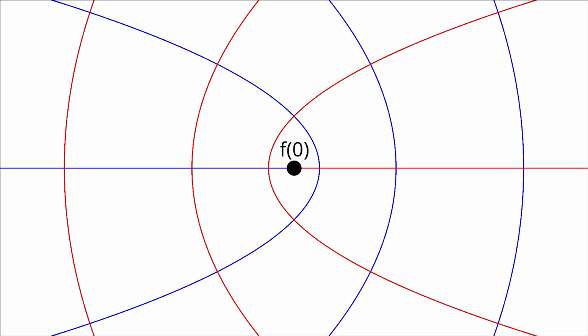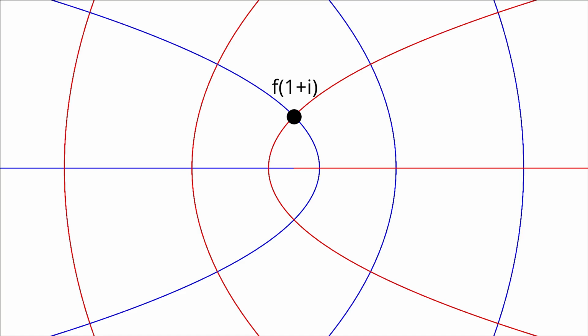So starting from the origin z equals 0, we get mapped to the point f of 0. Taking a step in the red direction, z increases by 1, and we get f of 1. Taking a step in the blue direction, z increases by i, and we get f of i. We could do this with a different starting point.